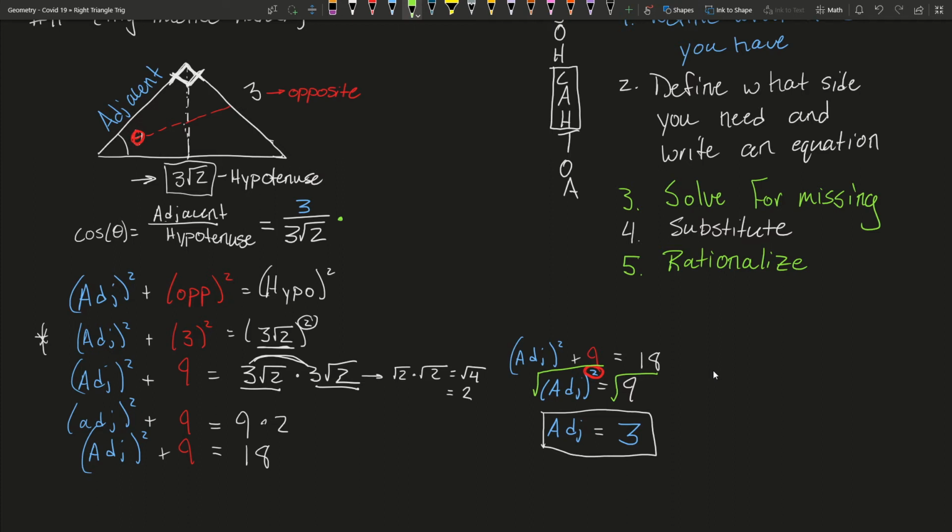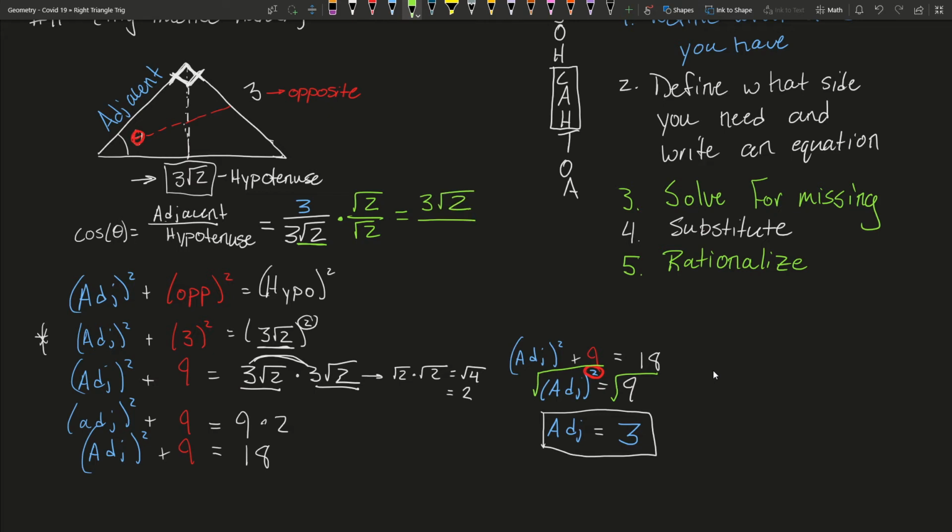Okay, so in this case, we want to get square root of 2 out of the denominator. And we should know that whenever a square root of 2 times a square root of 2, whenever those two things are multiplied together, we just get 2. So then in the numerator, 3 times rad 2, that's just 3 rad 2.